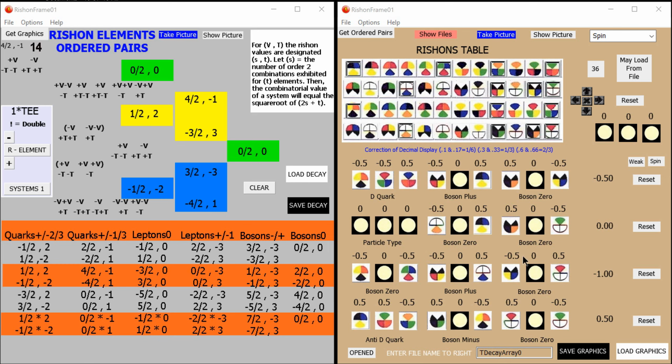And we will see later that there will also be an interaction of these two flavored V and anti-V prime Rishons with these two unflavored V and anti-V Rishons to produce necessary scalar bosons, neutral scalar bosons, to provide the correct quanta of the standard model.